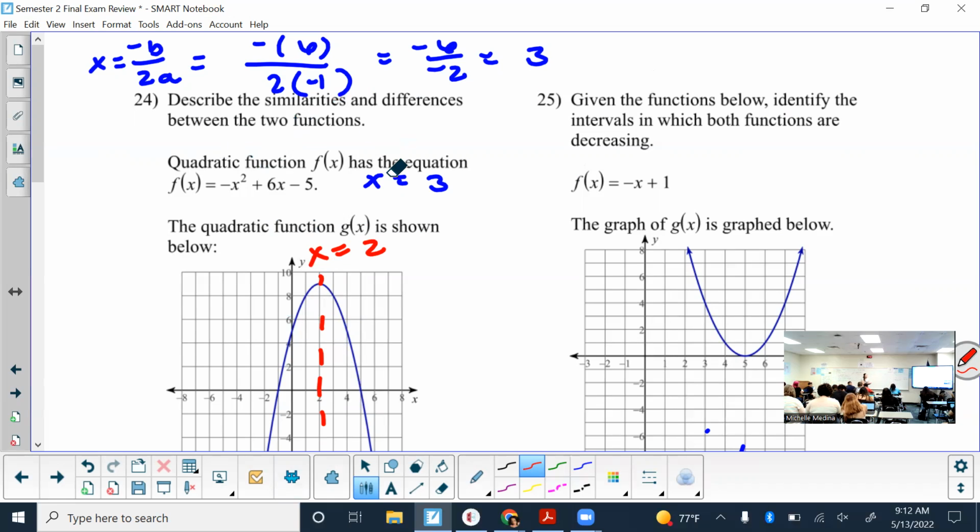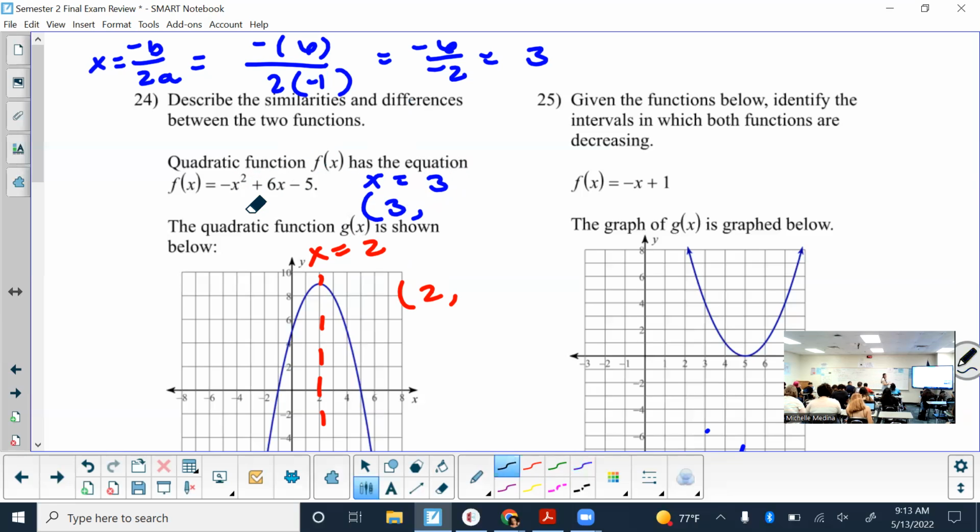Now be able to identify the vertex. So because you found your axis of symmetry, you know that the x of your vertex for the equation is 3. And the x of your vertex for the graph is 2. How do you normally find the y for the equation? Plug in the x.